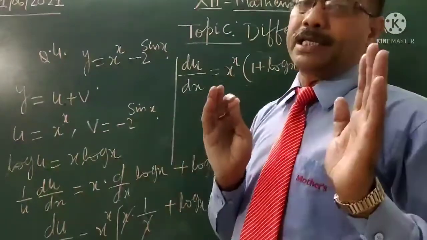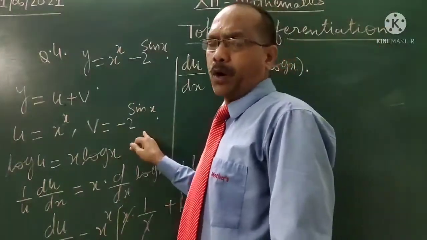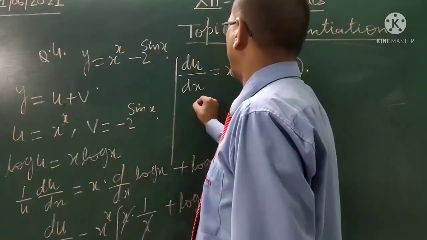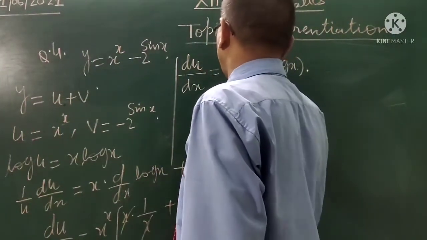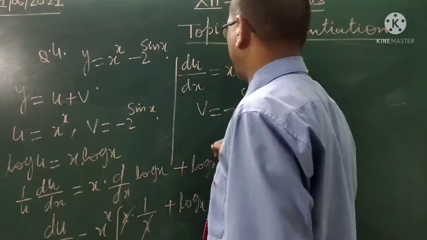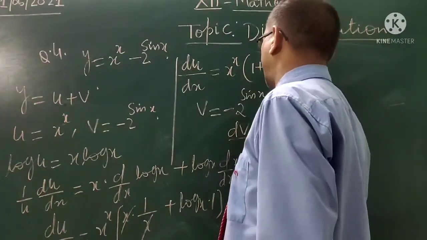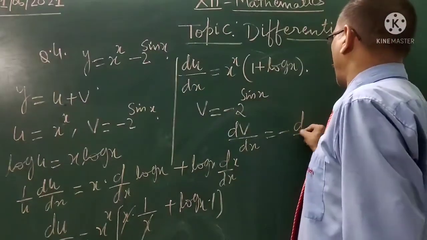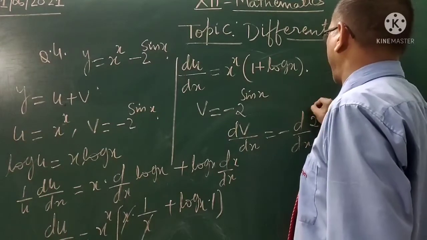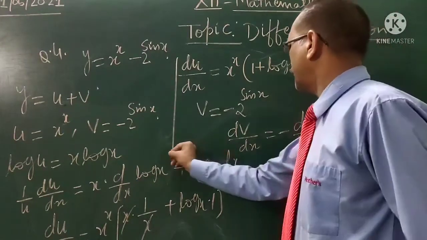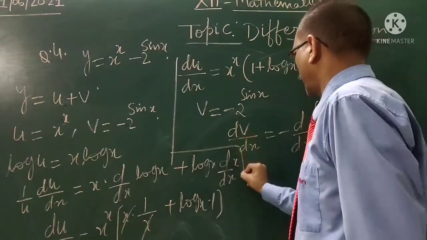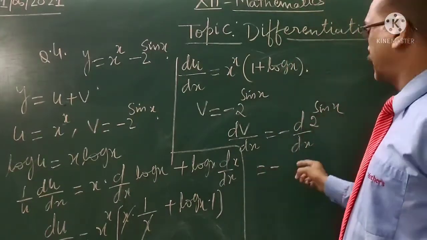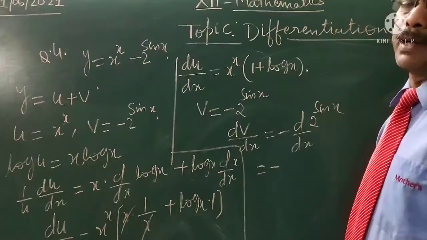Now to differentiate v, log is not required. We can apply the chain rule. So v equal to minus 2 power sin x. Then dv over dx equal to minus d over dx of 2 power sin x. Here it is like a power x.